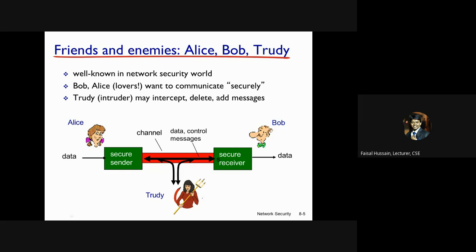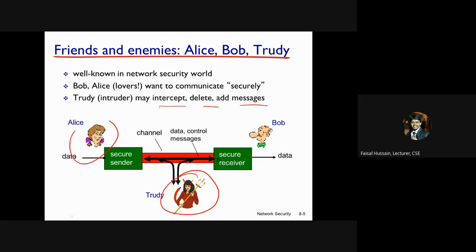Alice and Bob, and Trudy is the bad person with a horn. Trudy as an intruder will intercept, delete, or add messages. So let's understand that part.